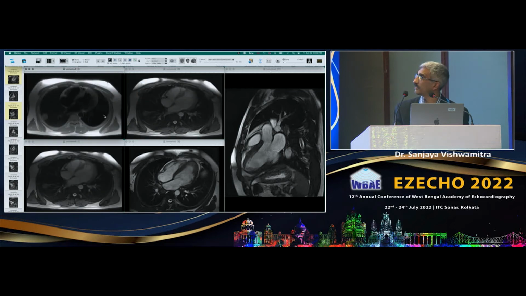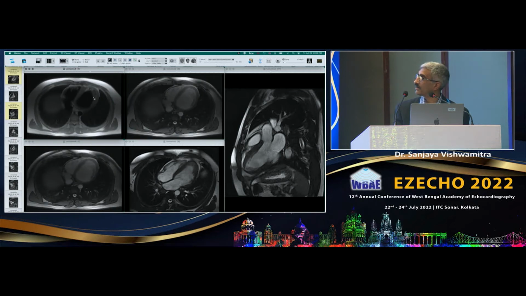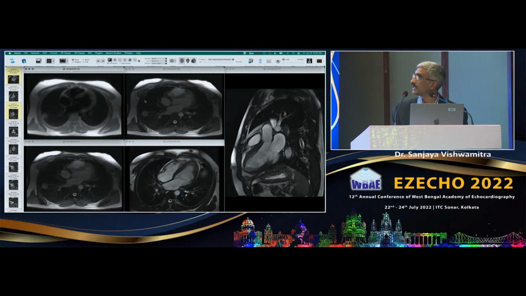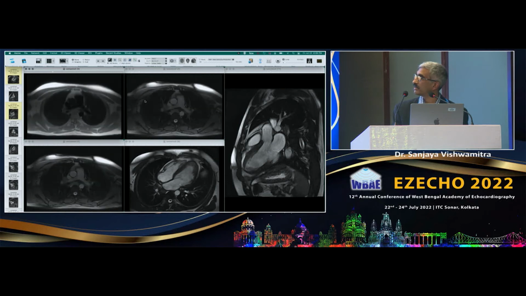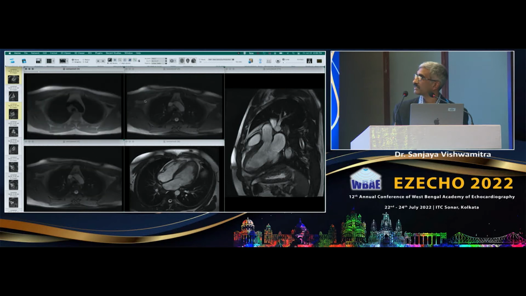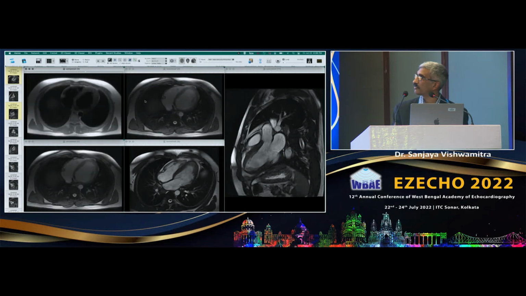Okay, so this is what we typically do. As you can see here, on the top left-hand corner, we have what we call dark blood sequences. On the middle image here, you have what we call bright blood sequences. And this is just an image which we get through the mediastinum from the lung apex all the way down to the diaphragms.